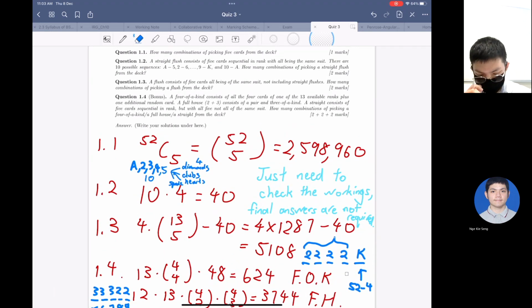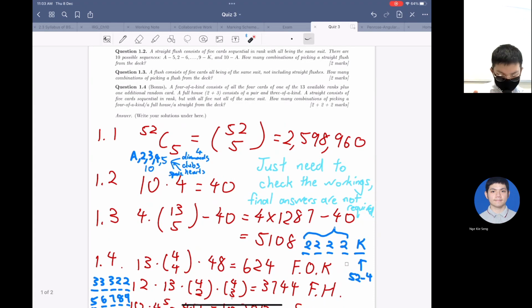In 1.4 there are 3 questions, which I put as bonus. First is four of a kind: 4 have to be the same rank, and 1 random card, for example 2222A. There is only one way to pick the 4 cards, 13 ranks to pick, and 48 possible remaining cards, because 52 minus 4 is 48.